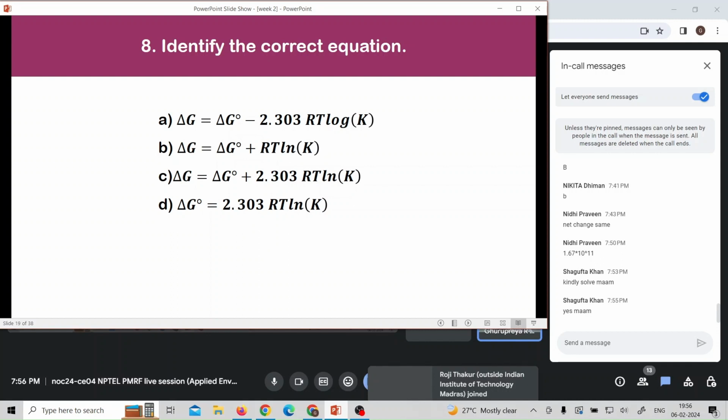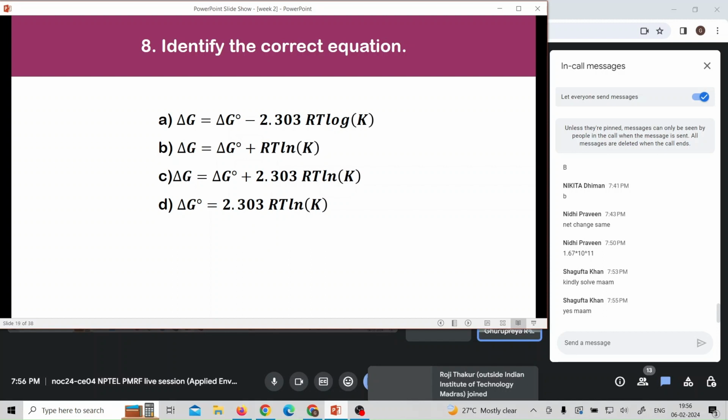Okay, I've got two responses now. I'll wait for a few more to respond. Okay, there are a handful of responses now, so we'll discuss.